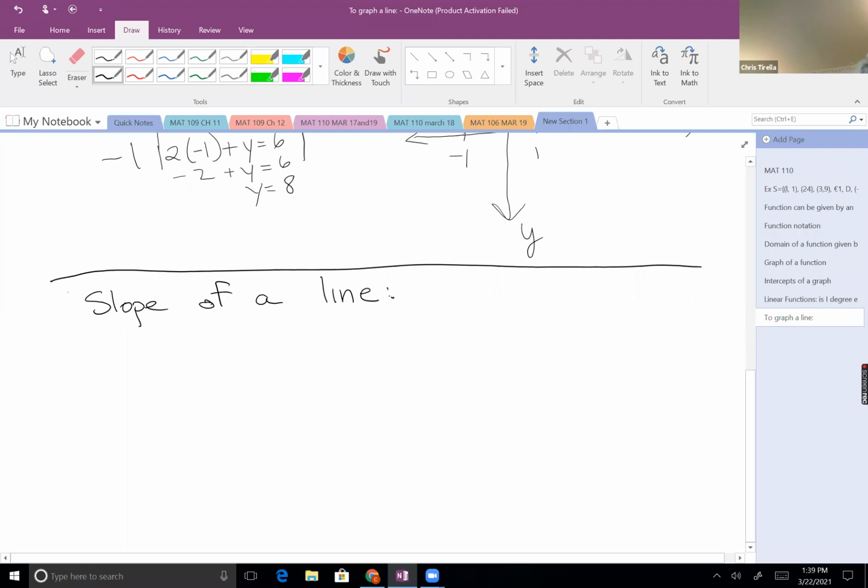And the slope of a line is a measure of the slant of the line. And so when I talk about the slope, it tells me how steep a line is. Frequently, slope is represented by a lowercase m.